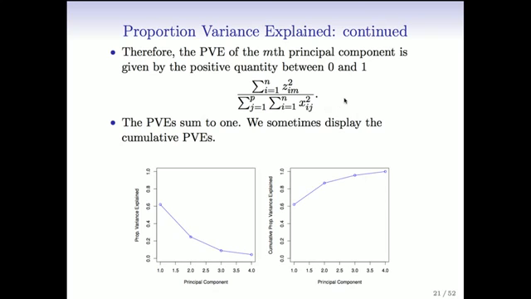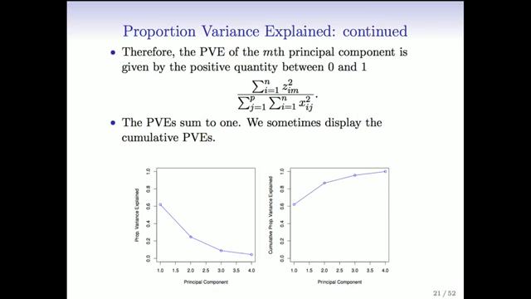So this left plot on the crime data shows the proportion of variance explained by each of the principal components. So the first one explains about 0.6 of the variance, or 60% of the variance. The second component explains just over 20% of the variance, and so on. So these necessarily decrease because, after all, we've been asking for the first principal component to explain the most of the variance.